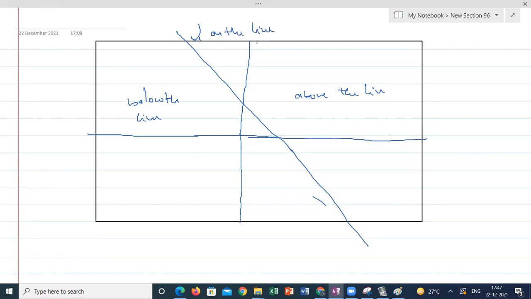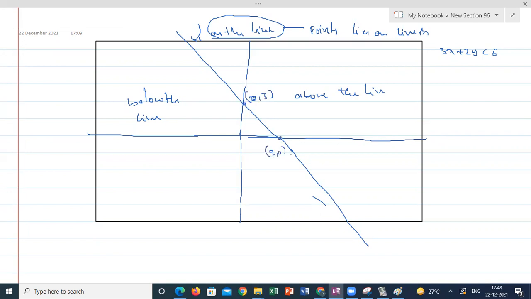So we decided the points on the line are not the solution set of 3x plus 2y less than 6. So one condition is over. The points lying on the line are not solutions. So only 2 possible answers here. You have to check any point. This is 3, 0 and this is 0, 2.